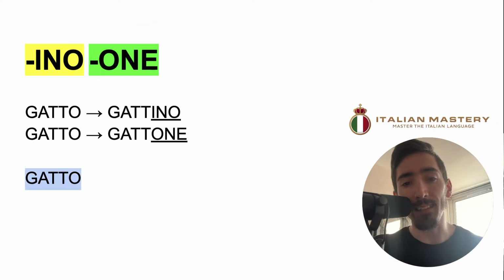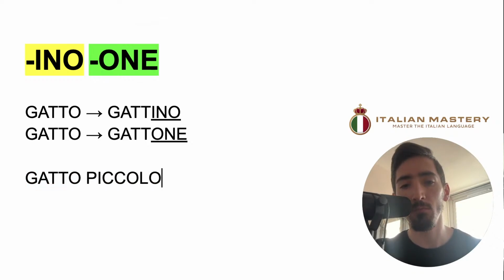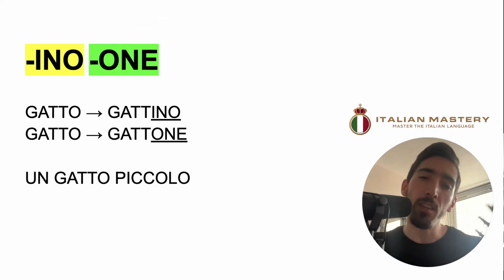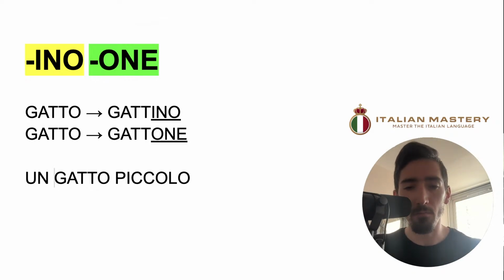So the word for cat is gatto, and we can just say gatto piccolo. Un gatto piccolo. This is a small cat. Yes, in English the adjective is placed before the noun. In Italian, most often the adjective is placed after the noun, but it's the same thing. We use the adjective.